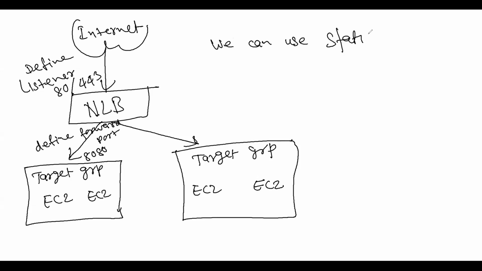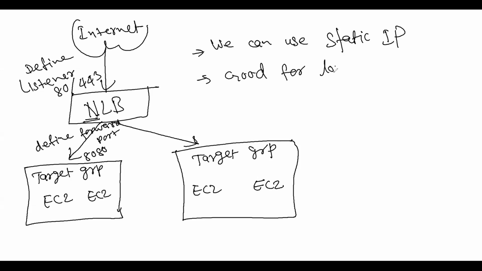Now, what is the difference here is we can use static IP. Okay. So if we are using static IP, it's good for long running connections. It's optimized in that way because the name is network, right?